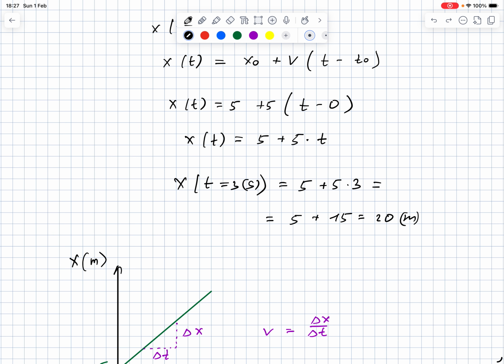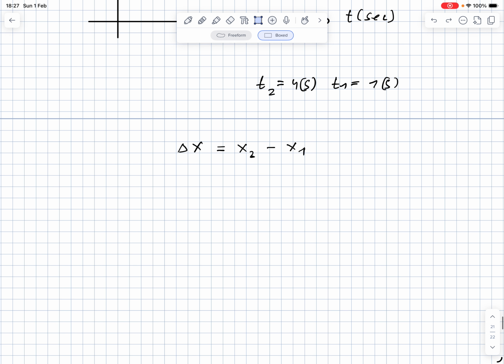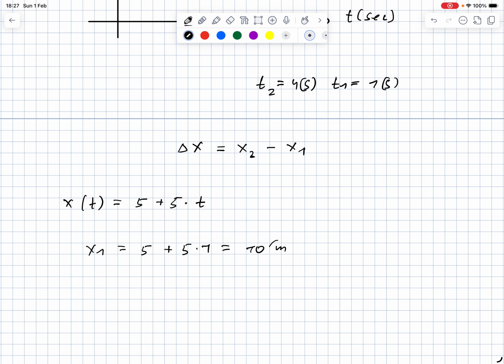Let's copy it and paste. Now the initial position x1 equals 5 plus 5 times 1, which is 10 meters.